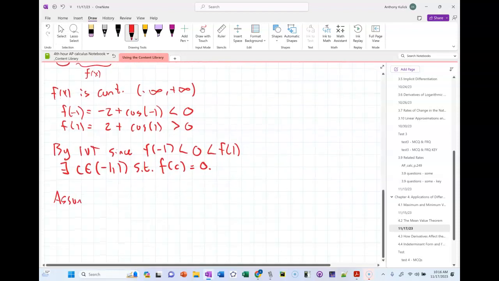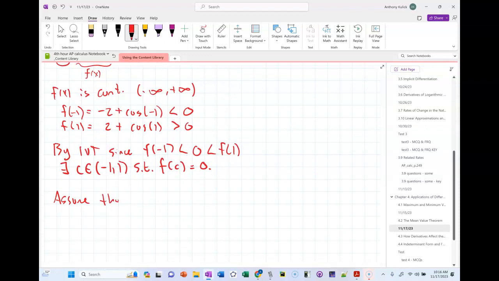So assume, for the sake of contradiction, that there exists some c, what do we do? We did c star or something.